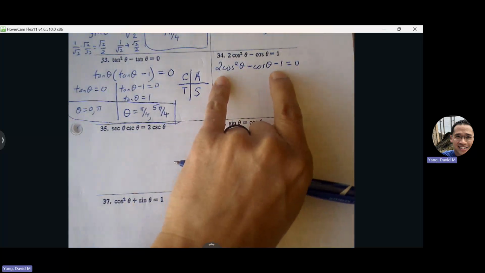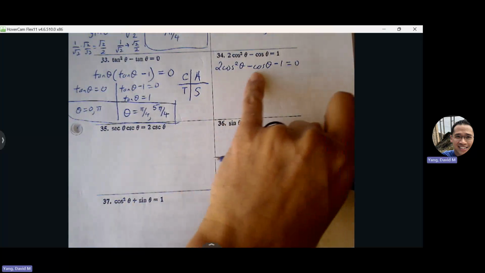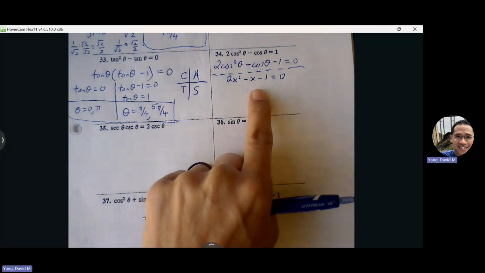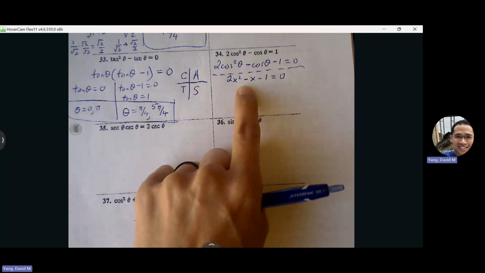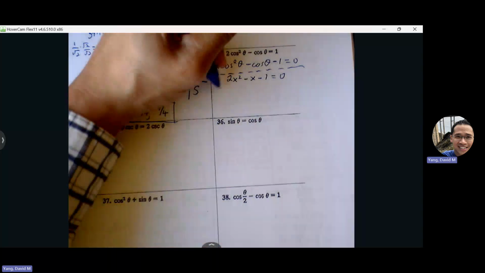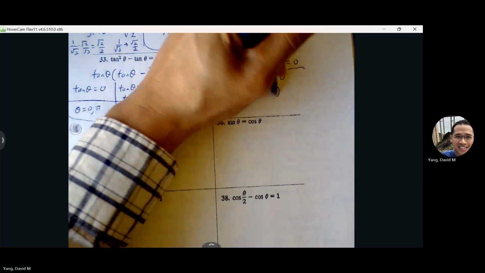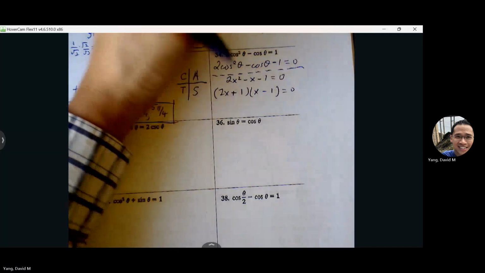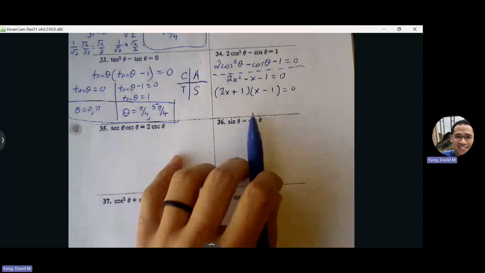Now this is going to require factoring, trinomial factoring. If you don't want to do it in this form, you can do an easier version of this problem if you want. Factor this, and once you get this factored, then bring back your cosine if you find that to be easier. So here, my factoring would be 2x plus 1, x minus 1.